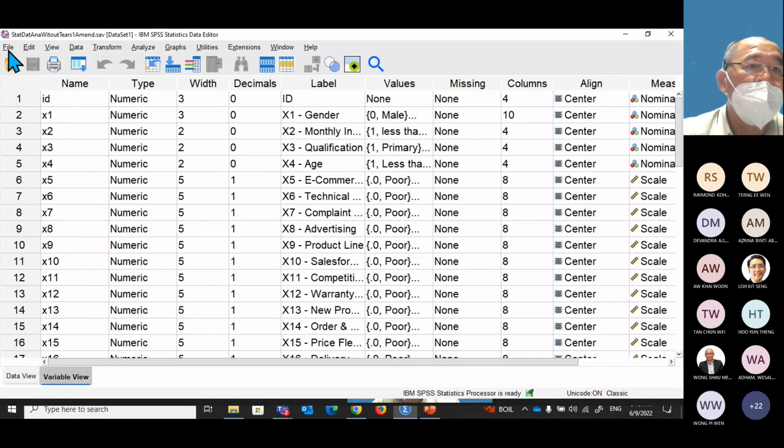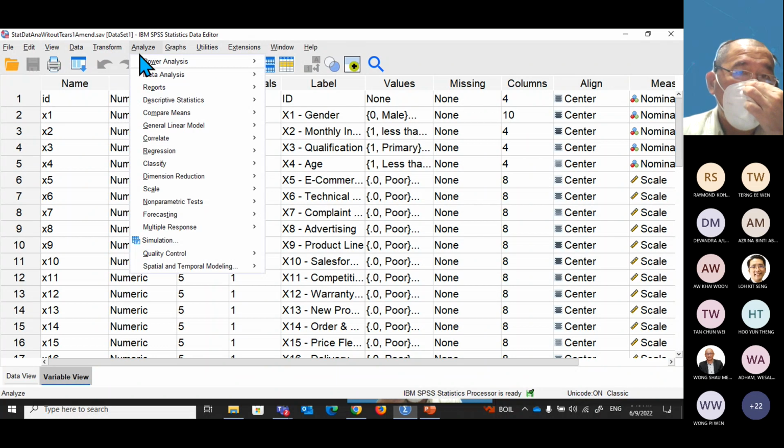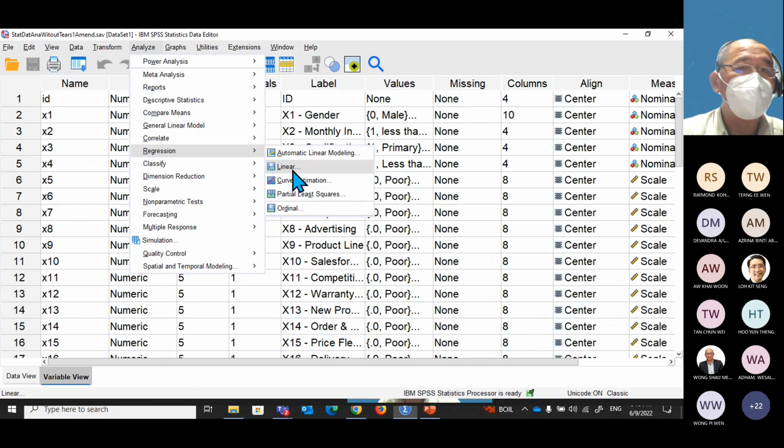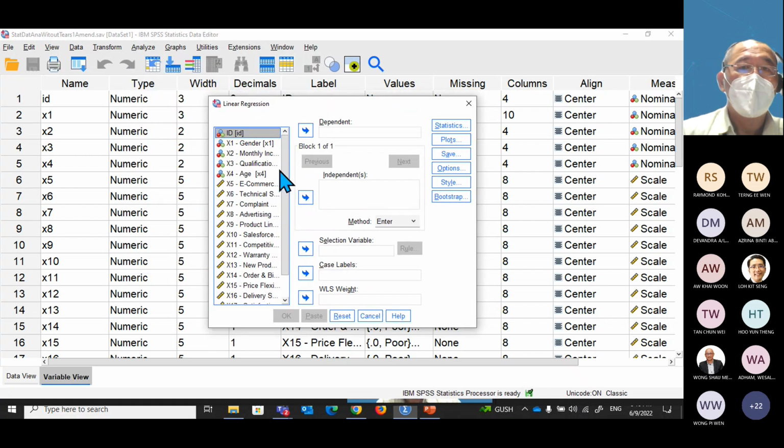So this is the data. What we do is analyze, then regression, and then linear. We can use any combination of the model, but of course you must use your own data set.